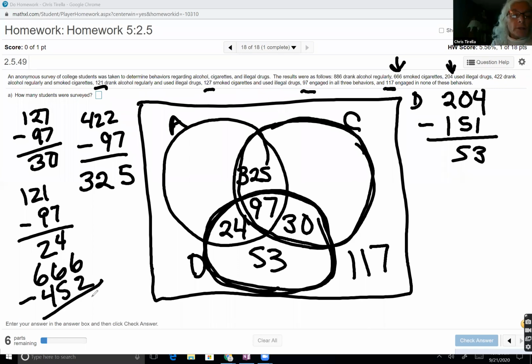And so when I subtract from 666, I get 214. And it would help if I put the digits in the right order.